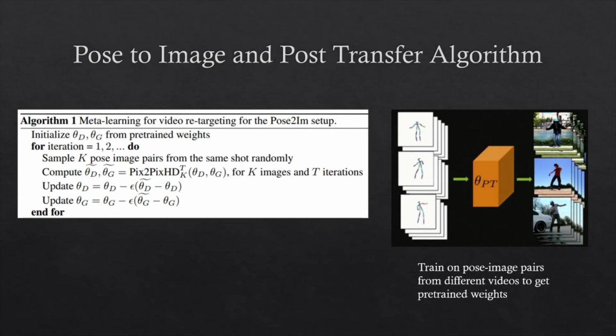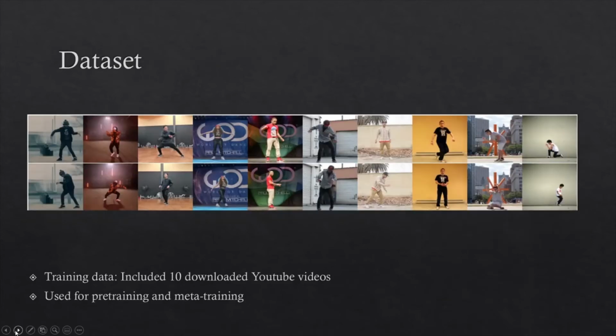And we repeat this until we converge and get the most optimal theta, or theta star. So now for the training dataset, MetaPix uses 10 downloaded YouTube videos for pre-training and meta-training on the frames within those videos.